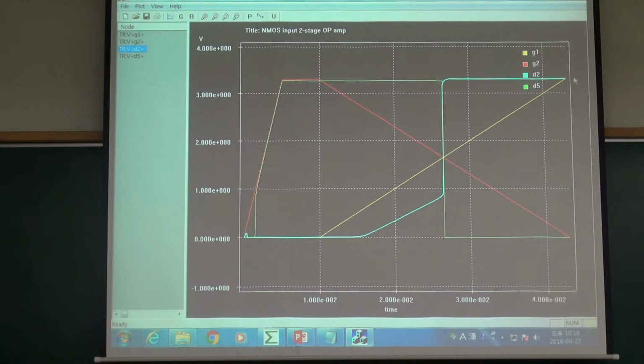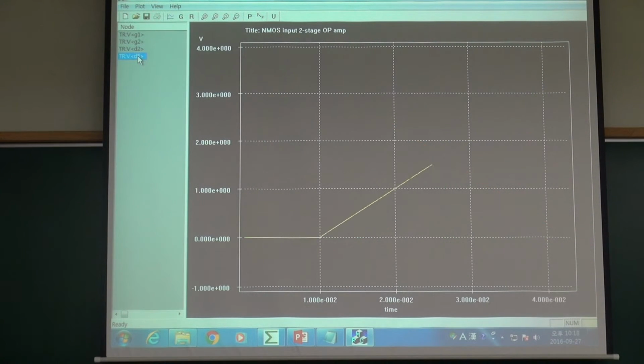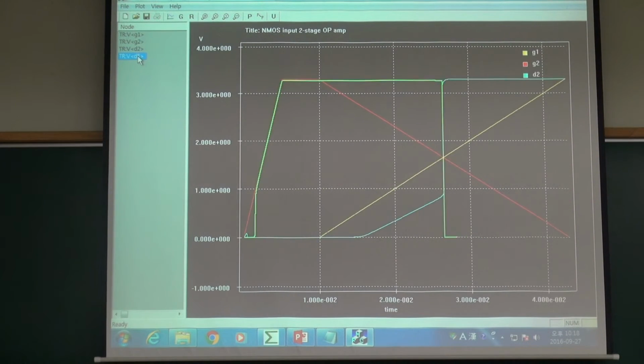My final output of the two-stage amplifier is that green thing. It changes very sharply, right? The output voltage range is pretty large, almost full swing. That's the main advantage of a two-stage op-amp: a very large output voltage range.